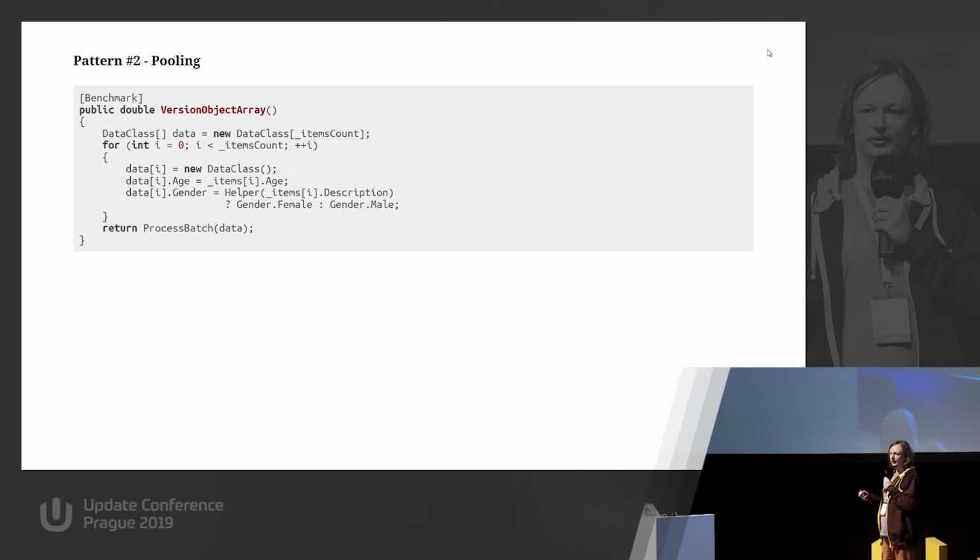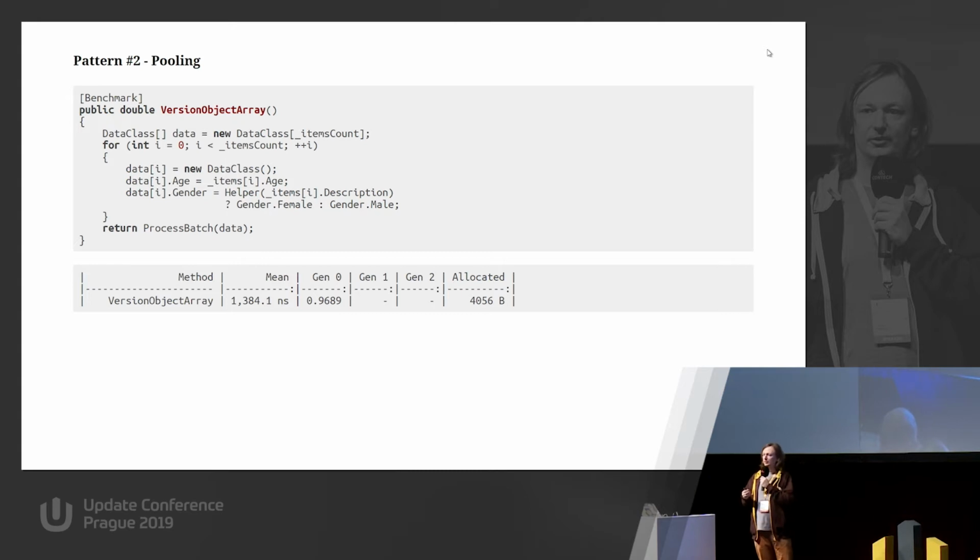What is important for us here is that with this very first simple solution, we are just using a regular array, newing it up every time we need this array as a temporary collection. So benchmarking this provides us some result. It allocates a lot of data, obviously, because we are allocating this array every time.